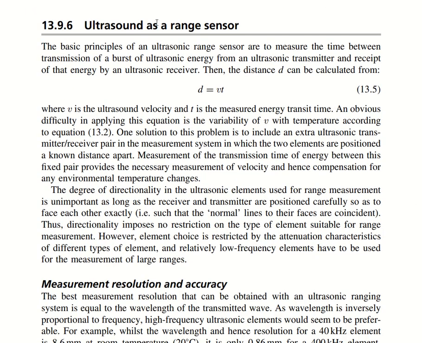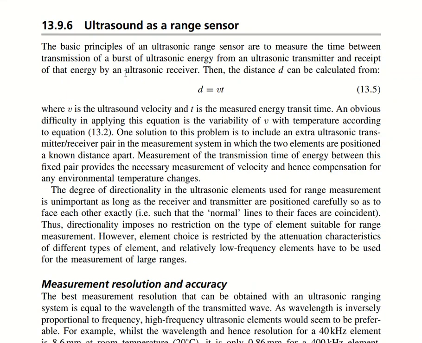And this is something we are meant to discuss, that ultrasound as a range sensor. As we know, the basic principle of an ultrasonic range sensor is to measure the time between the transmission of the burst of ultrasonic energy from the ultrasonic transmitter and the receipt of the energy by the ultrasonic receiver.